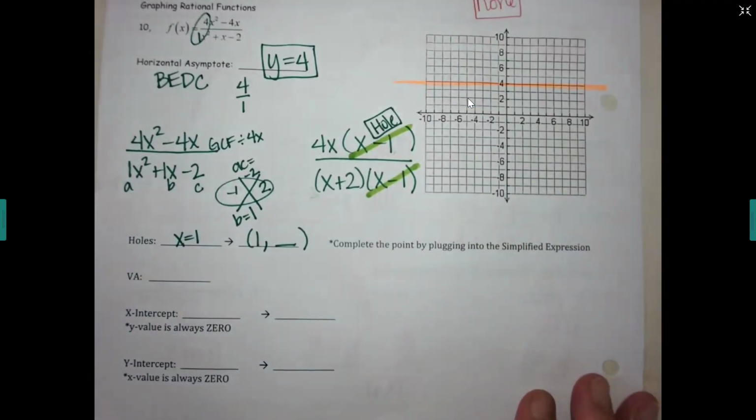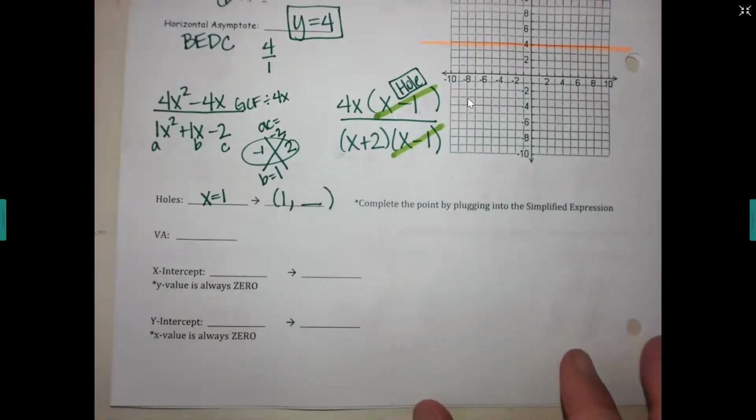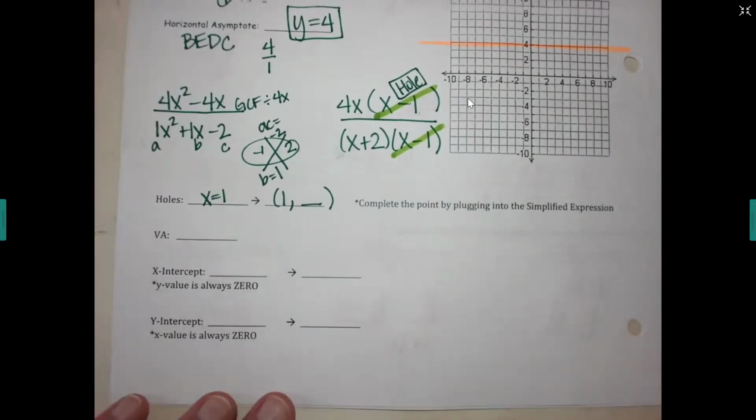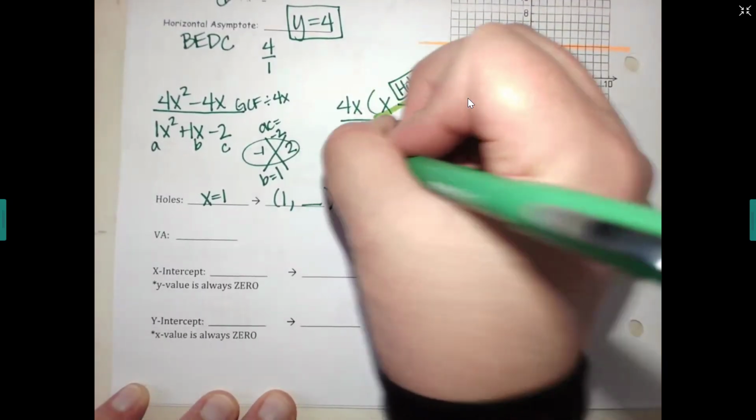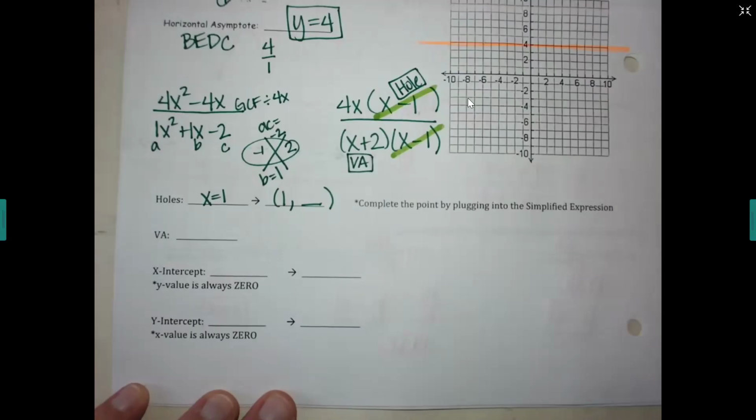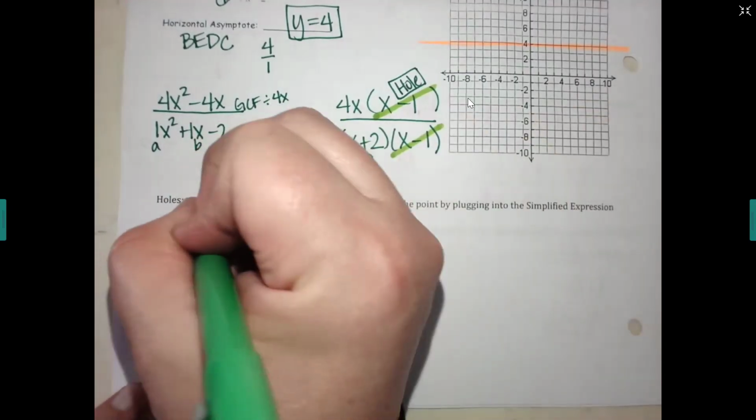Vertical asymptotes are x's left over on the bottom. Do I have an x left over on the bottom? Okay, I have an x + 2. Then where is the vertical asymptote going to be? Do you remember from last class? +2 will turn to a -2. Very good.